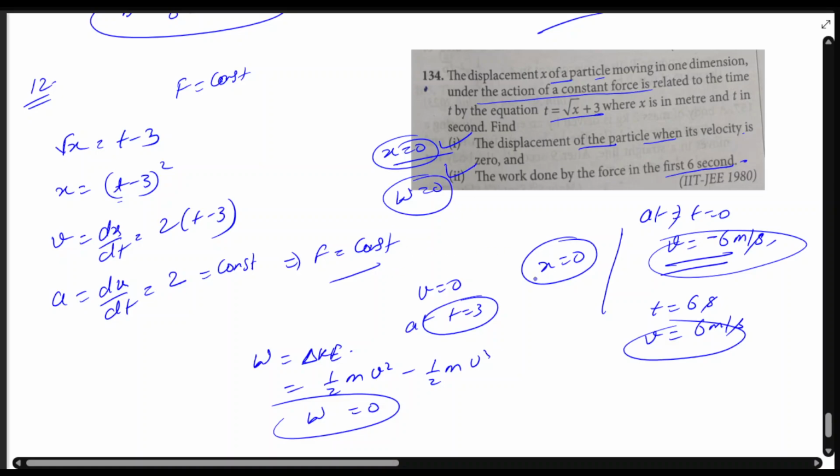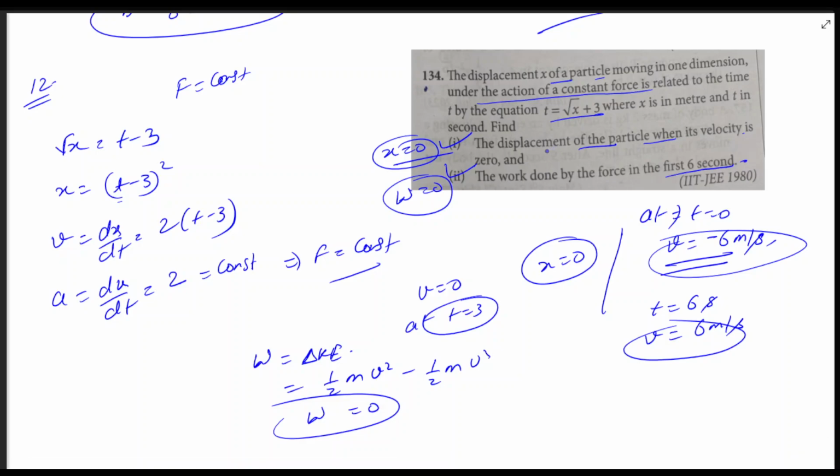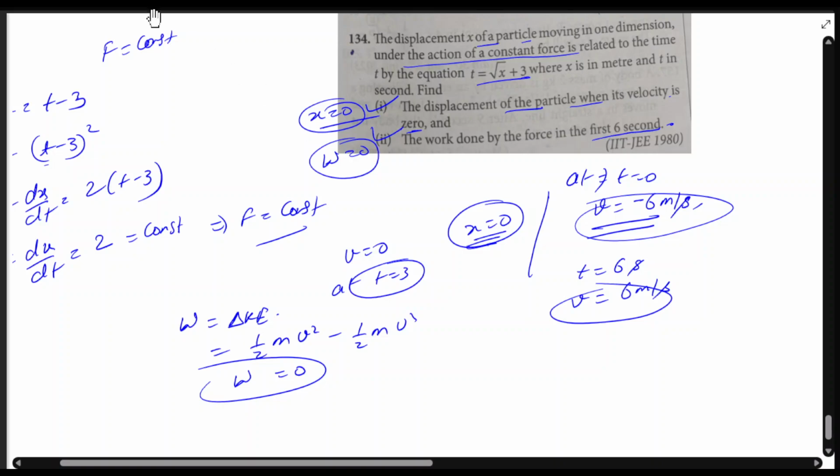Now a tricky part is, in this we are saying the displacement of particle when its velocity is 0. So it is x equal to 0. Now my question is, there is a tricky part here. Look, at t equal to 0, the displacement is what? So x will be 9. Okay.